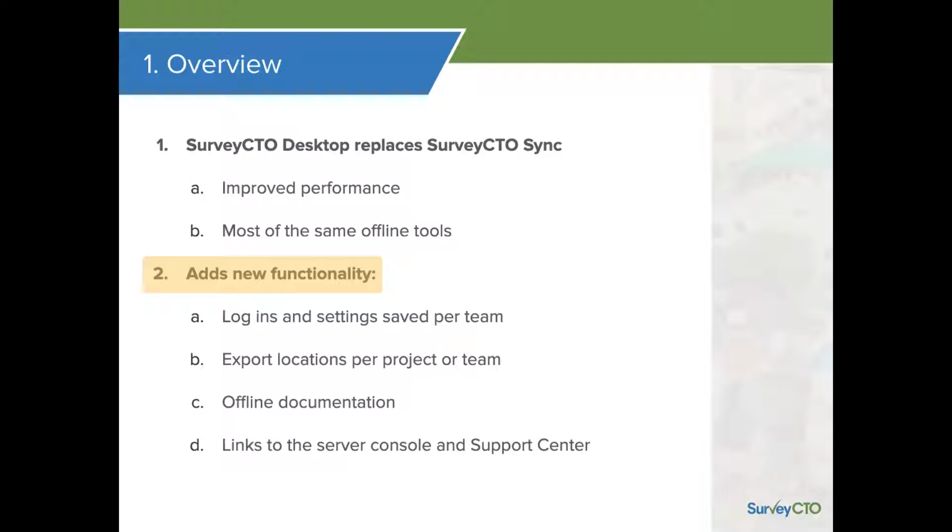Desktop adds new functionality, including saving logins and settings per project or team, export folder locations per project or team, access to offline product documentation, and links to open the server console and support center right from SurveyCTO Desktop.